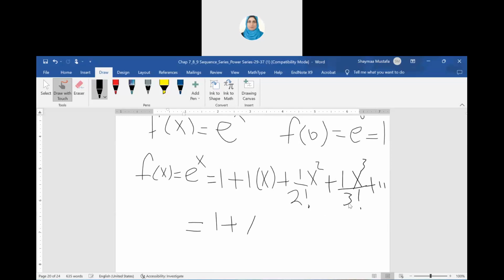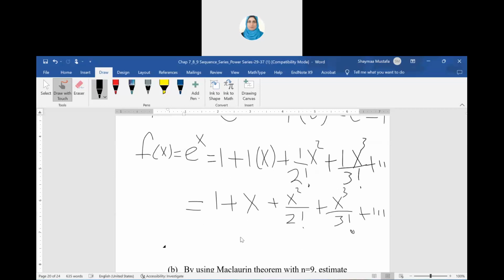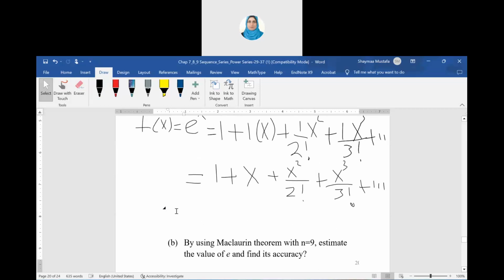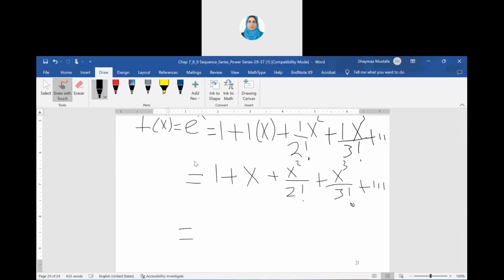So this is the Maclaurin series of the exponential function e to the power x: 1 plus x plus x squared over 2 factorial plus x cubed over 3 factorial, and so on, which is equal to the summation of x to the power n over n factorial, with n from 0 to infinity.